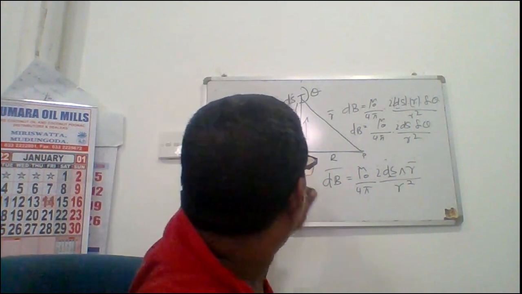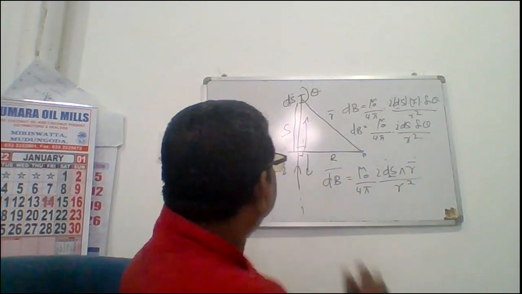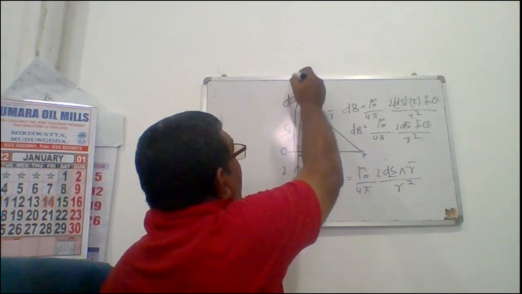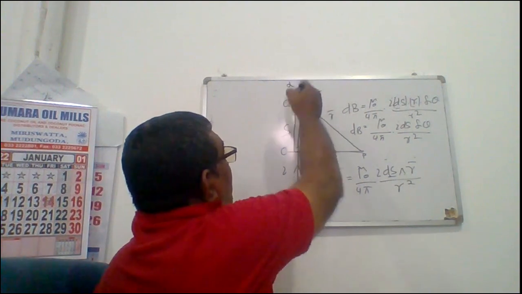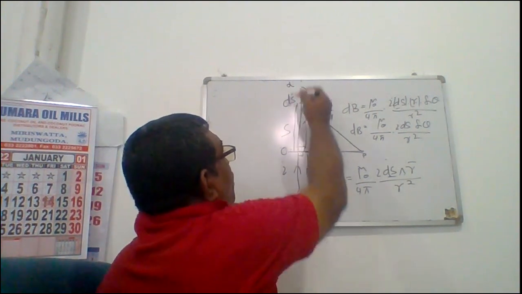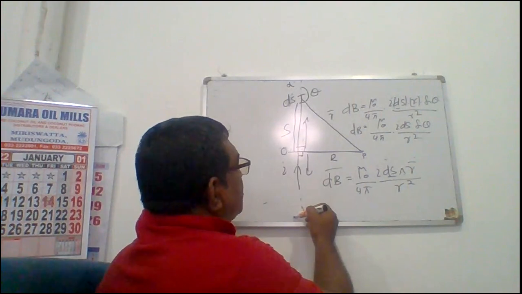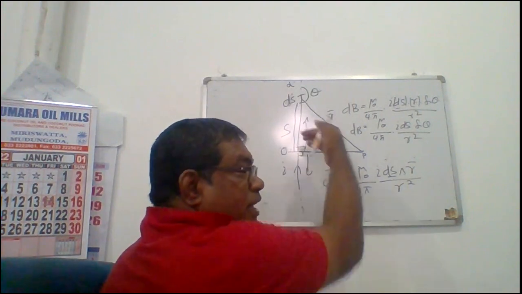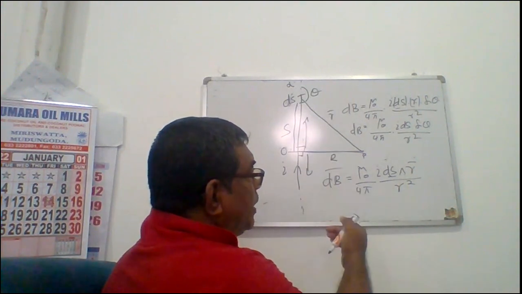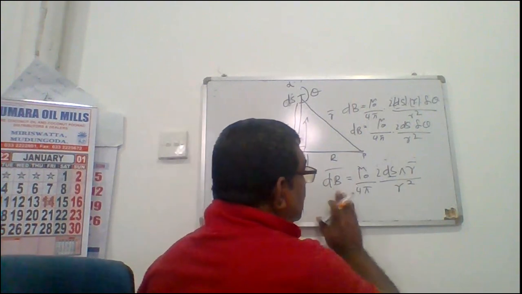I will separate this one from this point to plus infinity. From here and from here, both are symmetric. So therefore, I will separate it like this.